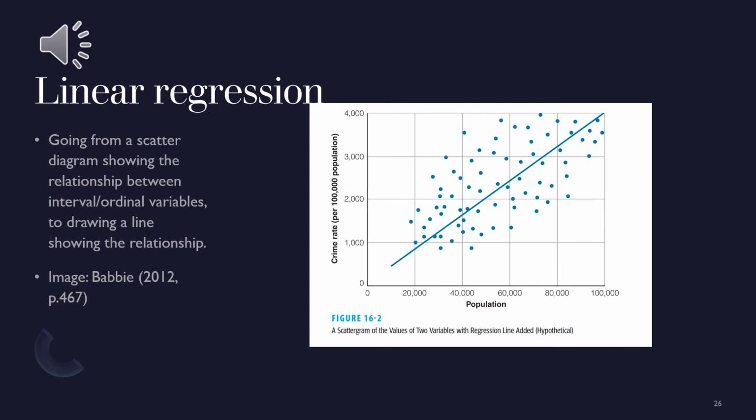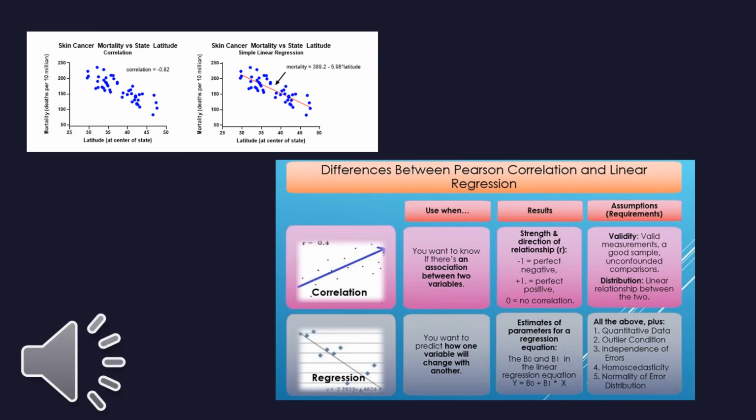through the scatter diagram. To put it very simply, essentially, yes, you are comparing the same thing. For example, skin cancer mortality versus state latitude, that is your distance from the equator. And you're looking at the same comparison of the same two variables, but how you presented what you're looking at is different.